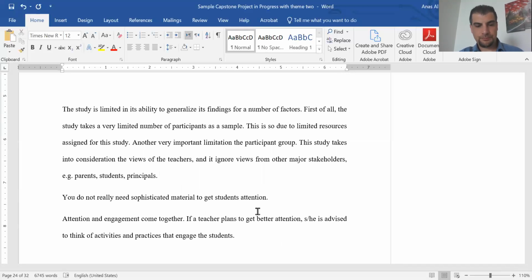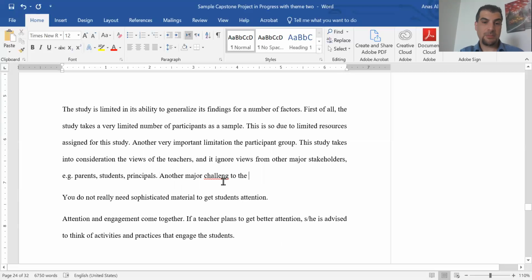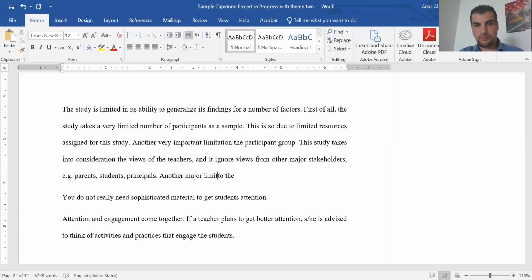Another major challenge to the study, sorry, not the major limitation, to the study is access to research sites.